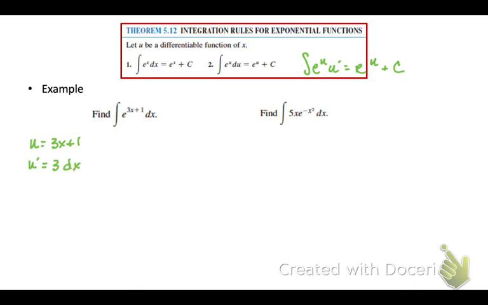So what's missing? Nothing? Yes? They're missing a 3 right here. Okay, so what do we have to add? 1/3. And so we have 1/3 the integral of e to the u du. So we just have 1/3 e to the 3x plus 1.